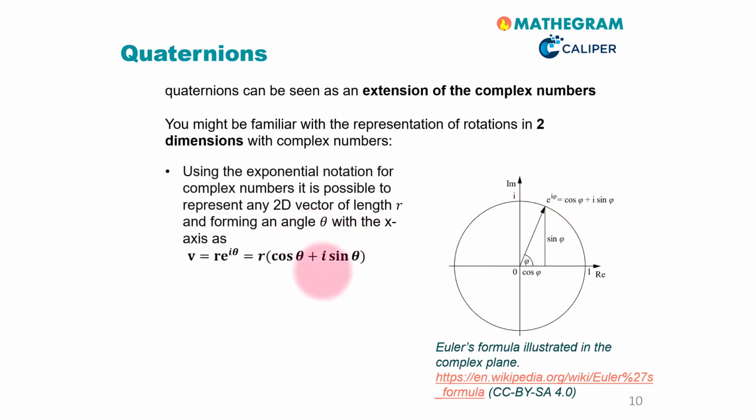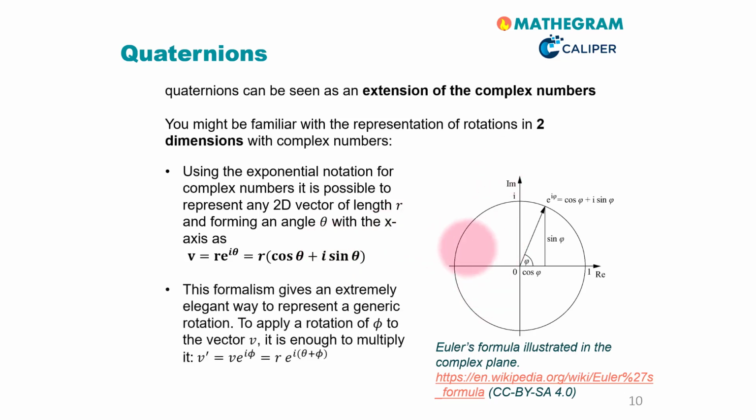So we use this imaginary number i to represent this second coordinate axis. For this 2D example, you will see that this formalism gives an extremely elegant way to represent a generic rotation.